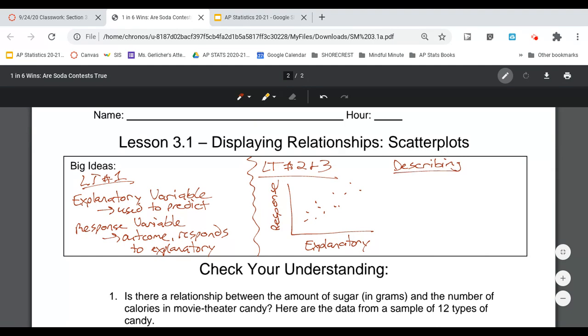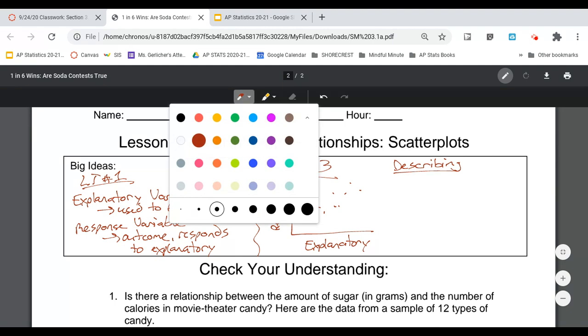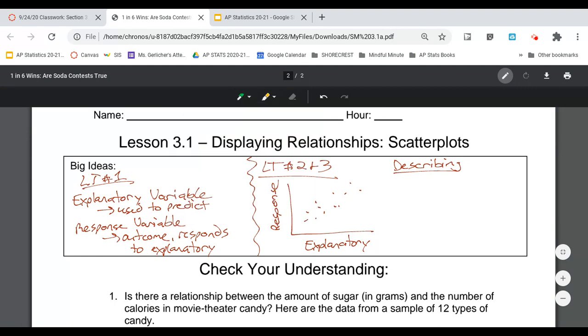But describing comes down to 4 things. We're going to have an acronym to help us keep track of it. DUFS. D-U-F-S. DUFS.